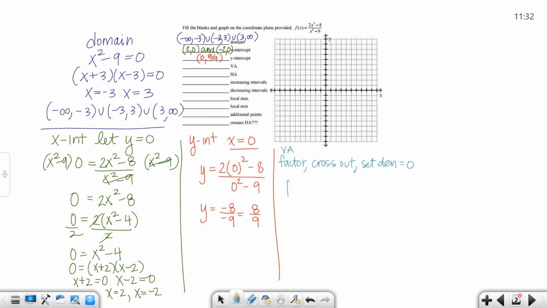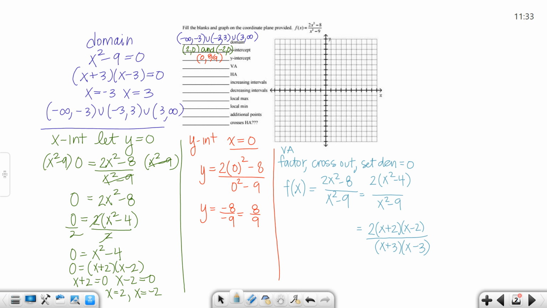So at the top of this function, you can factor out a 2. That's the difference of squares on the top and the difference of squares on the bottom. So we factored. That's what it looks like in its factored form.